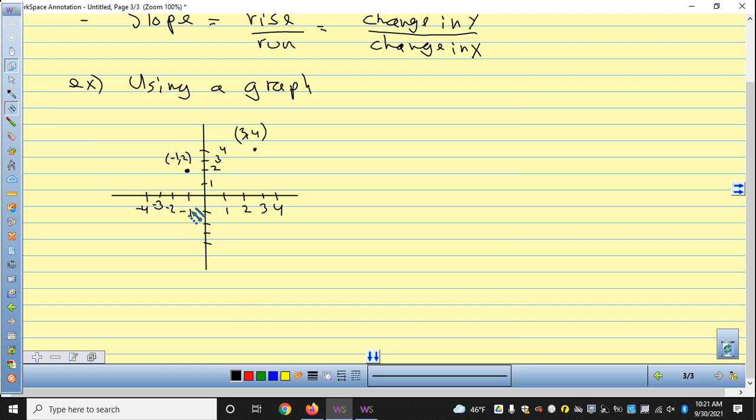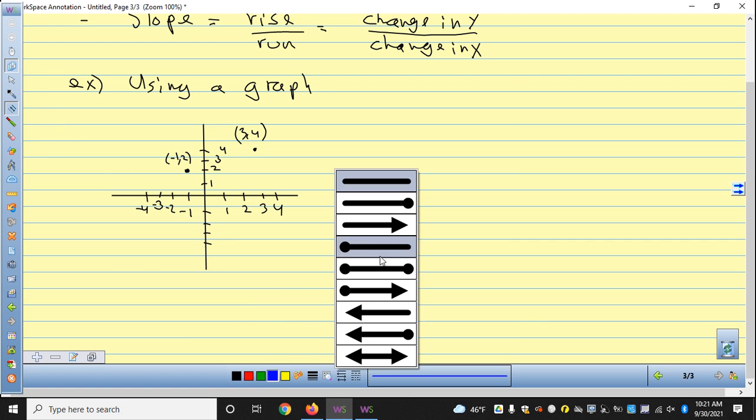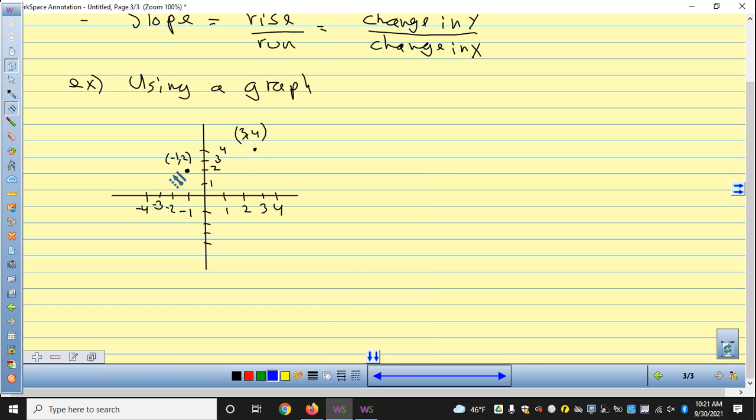Now on a graph that you're given in your homework, you probably won't have the points labeled. So you'll have to look for where the graph crosses the corner of a grid square to get your points. But here, just so we're sure what points these go through, I labeled them. Well, we need to find the slope.